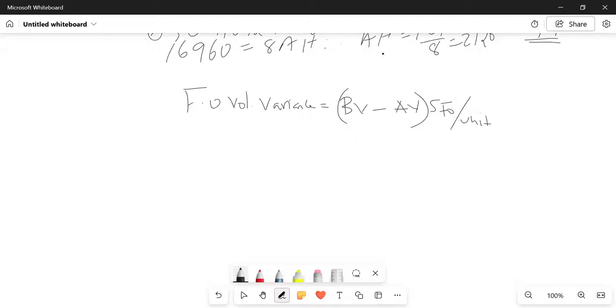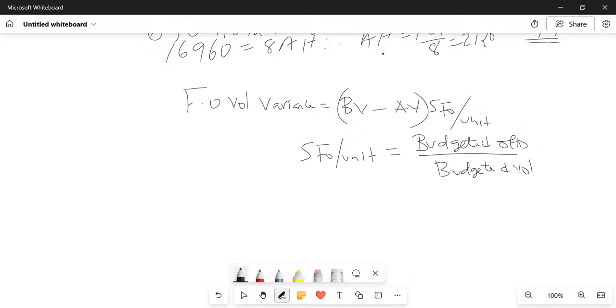So could you kindly give me the standard fixed overheads per unit? Let's start from this one. The standard fixed overheads per unit will be budgeted overheads over budgeted volume.